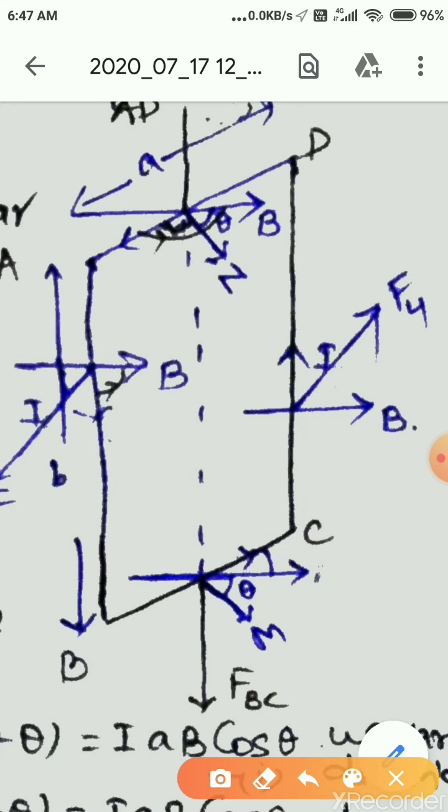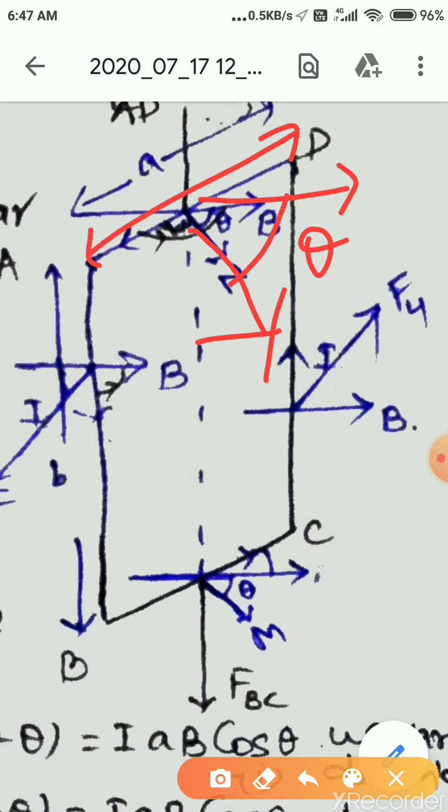So here you can see that this is the normal to the plane of the coil, this is the direction of magnetic field, the angle between them is theta. Here A is the breadth of the coil and B is the length of the coil.